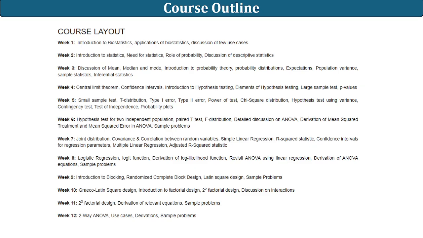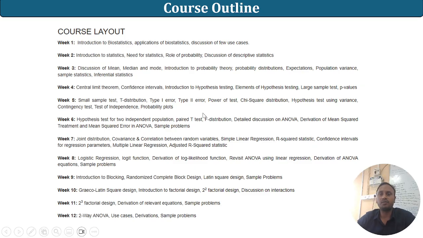In the third week it was more about probability and distributions and all. Then in the fourth week we came to the central limit theorem, and slowly jumped into core statistics. Then we discussed what the confidence interval and the hypothesis are. Whenever we have to make an inference about anything, we have to make some hypothesis.